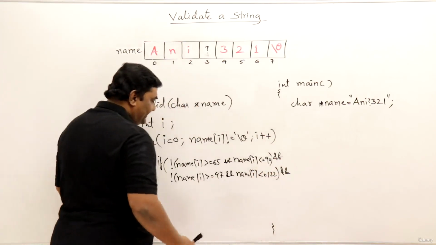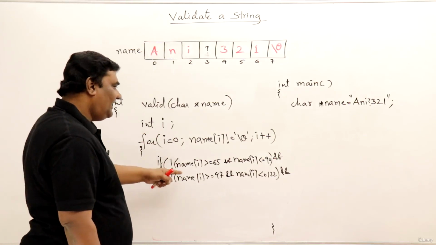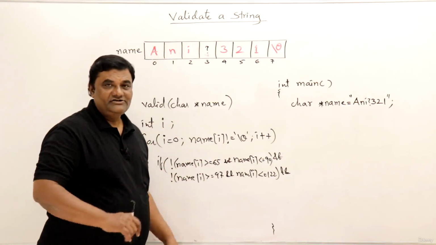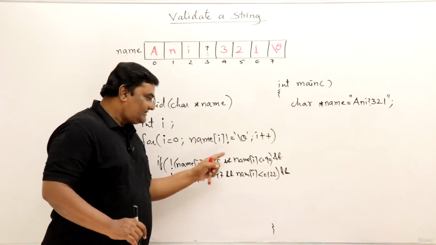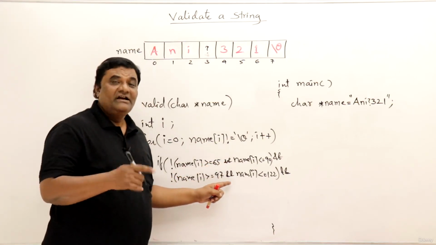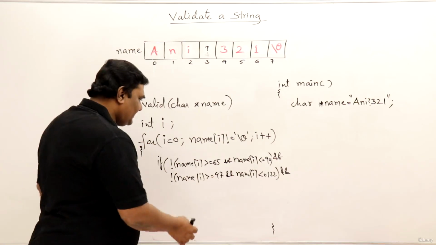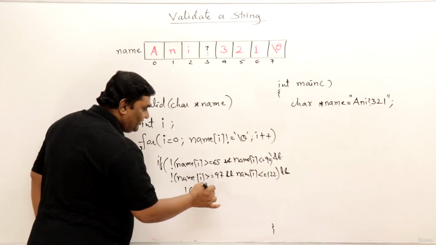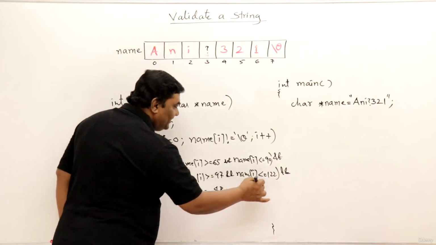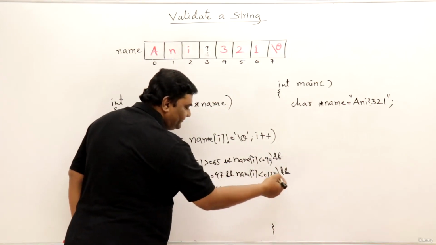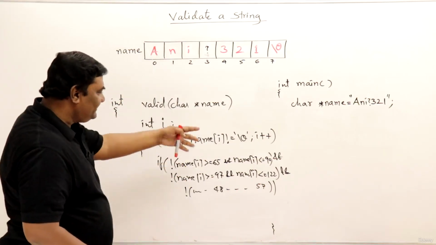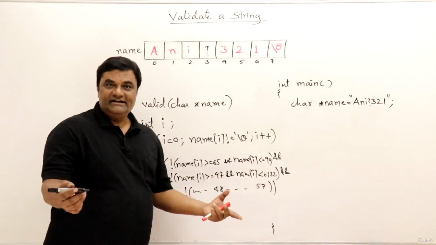It means it is not in this range and not in another range. As well as for numbers also I should write. So again I have to say name of i, that is 48 to 57, right? You can understand this one. So these three conditions, if it is not among these, then it's a special character.